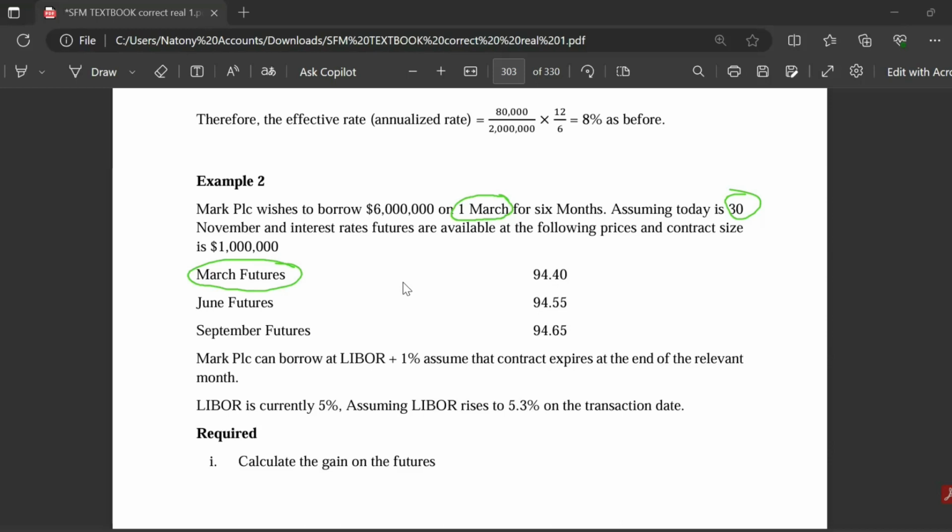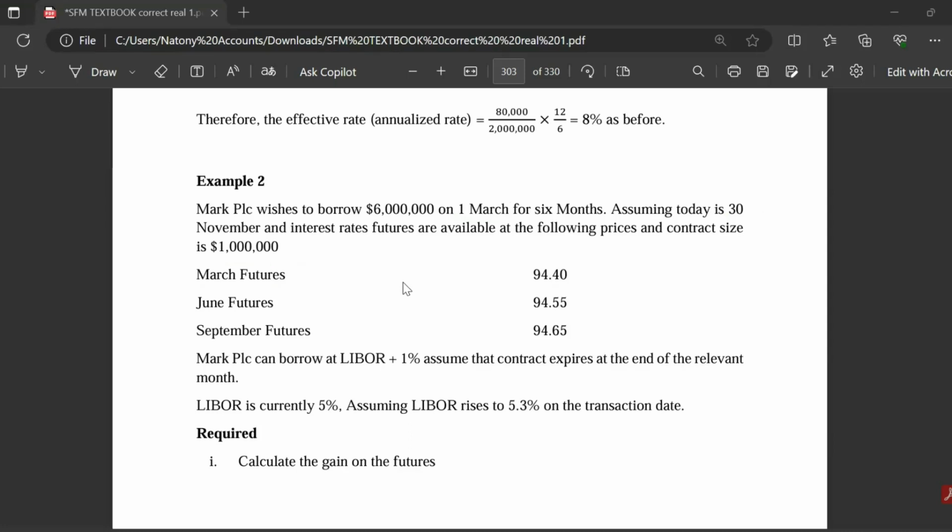How many contracts should the company buy? That's the second decision. How many contracts? So what is the contract size? The contract size is 1 million, and the expected amount is 6 million.